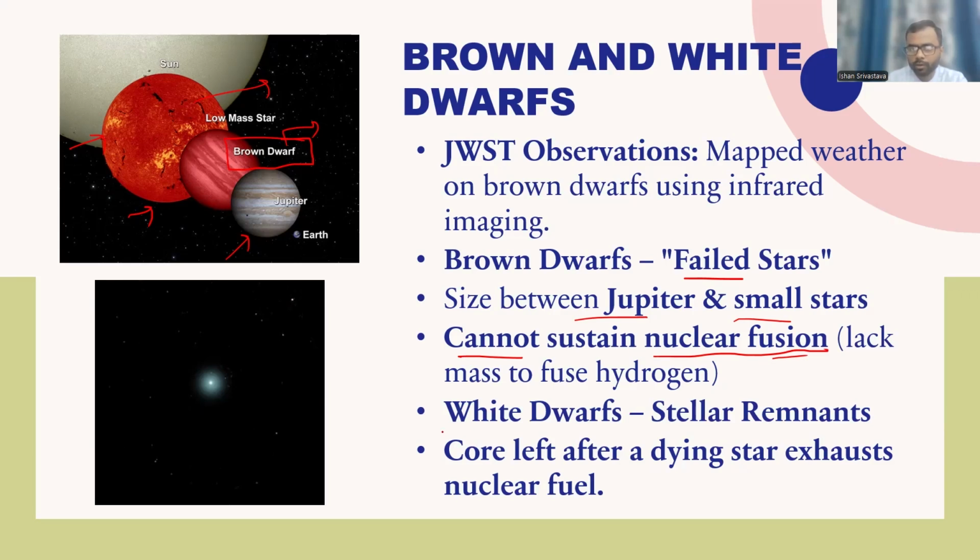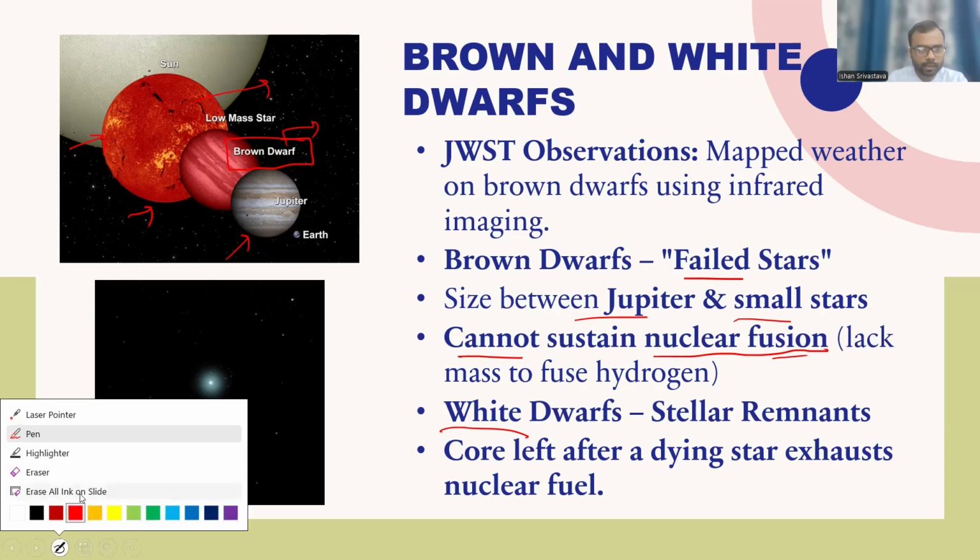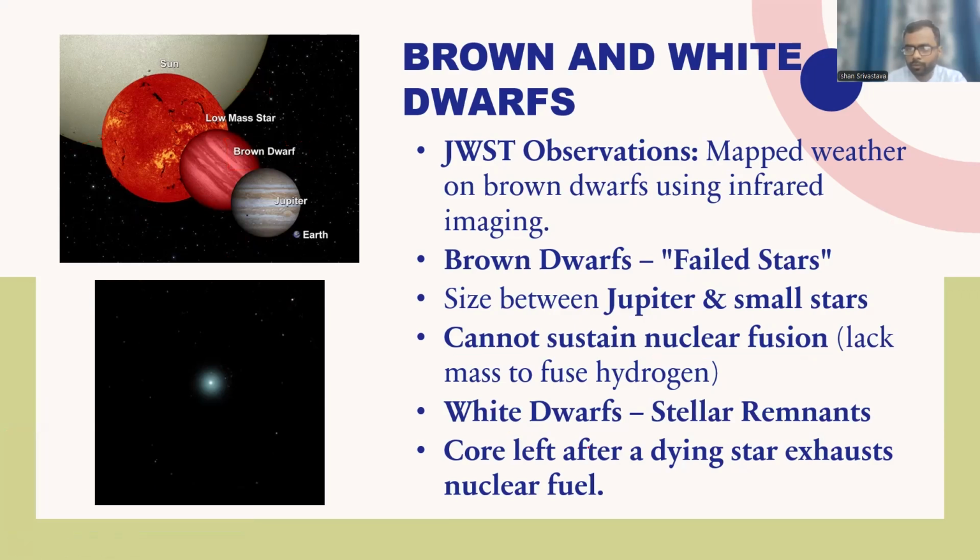Now there is also something called a white dwarf, which I have discussed in earlier videos. A white dwarf is a remnant, an outcome of the remaining part of the whole life of a star.